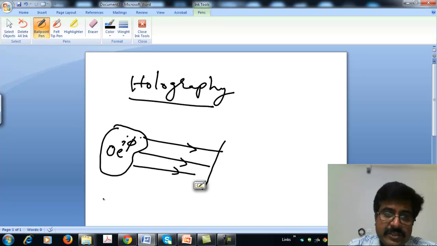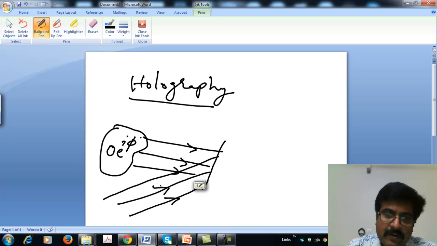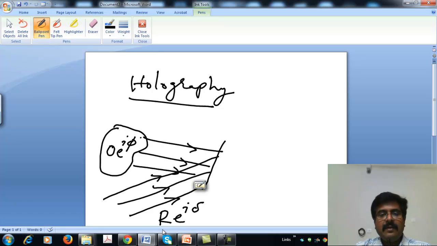and which is superposed with the reference wave. Let me denote the reference wave as R e^(i delta). So here the fringe pattern or superposition of object wave and reference wave are detected by the detector.